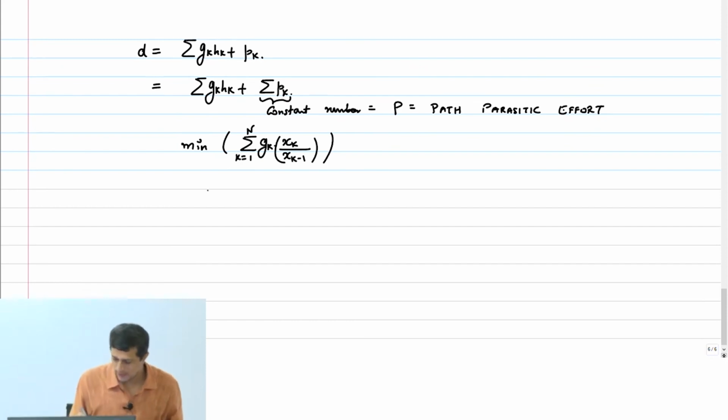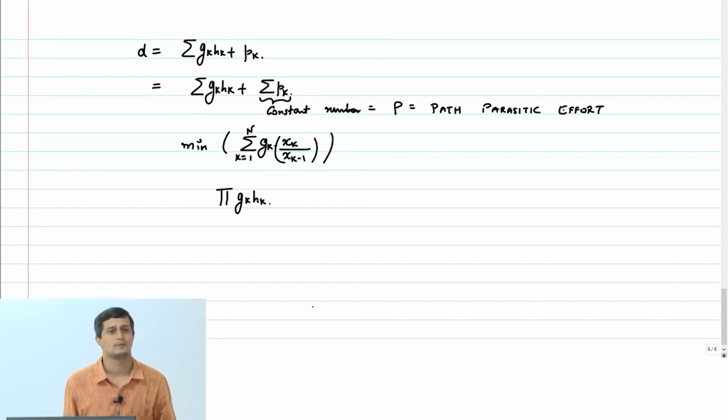Now let us look at the nature of these terms. Let me look at the product Gk into Hk. Just let me look at this term and I will call it F, k equals 1 to n.